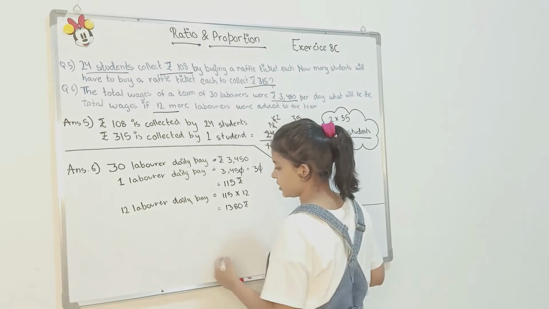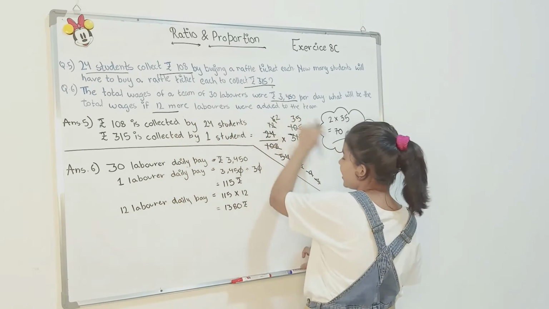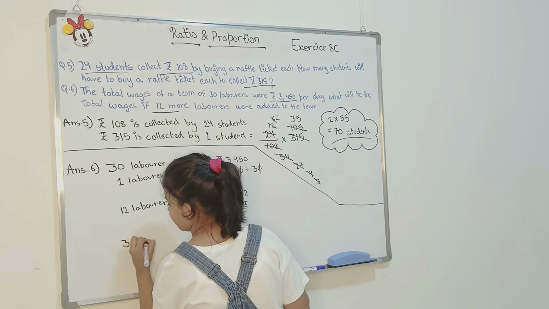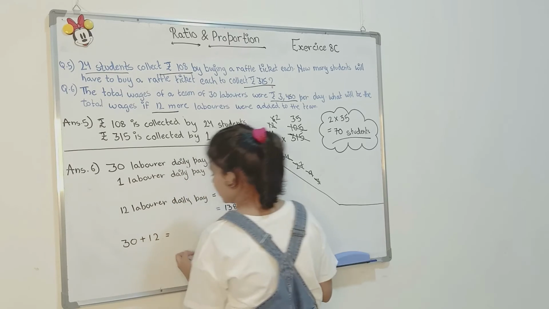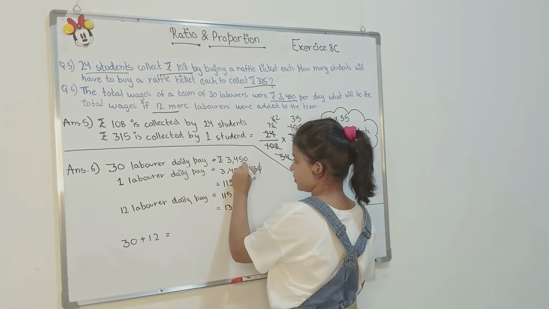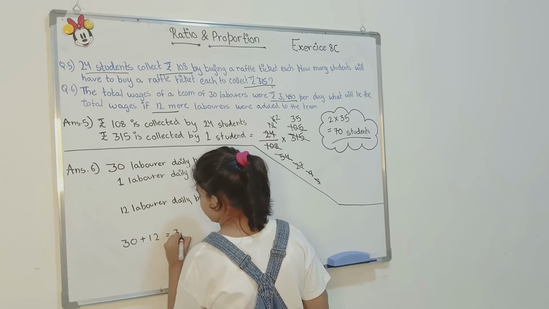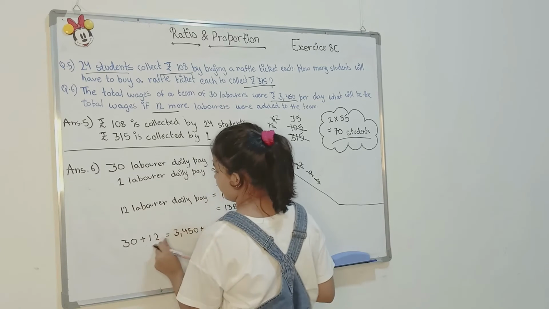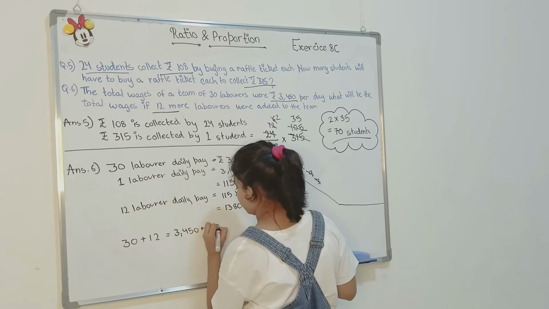Now, so first we write 30 plus 12 laborers, because 12 more laborers were added to their team. So 30 plus 12 is equal to, we'll add the numbers. So the daily pay for 30 laborers was 3,450. So 3,450 plus for 12 laborers it was 1,380.